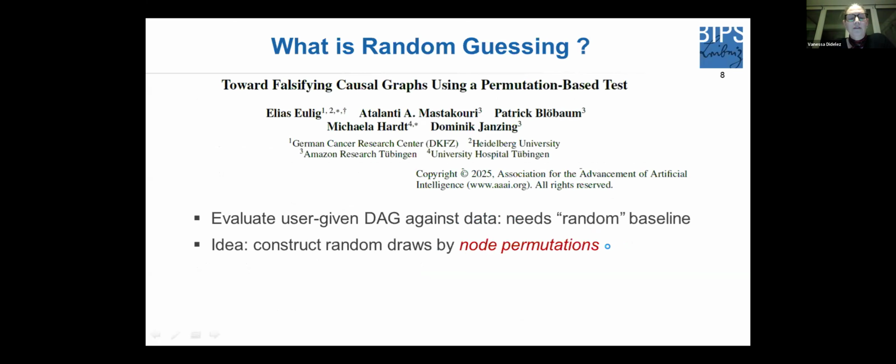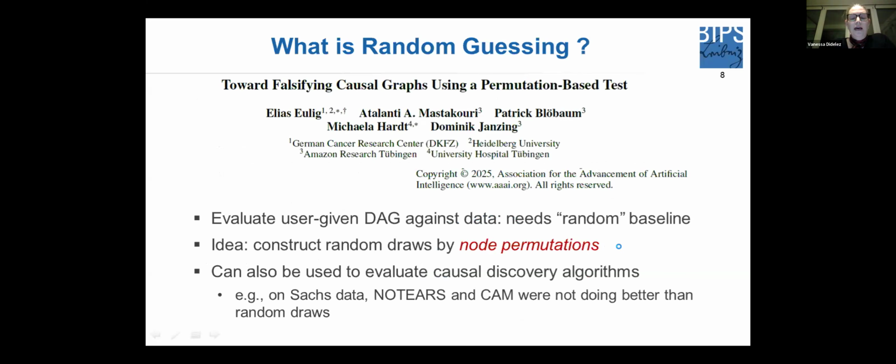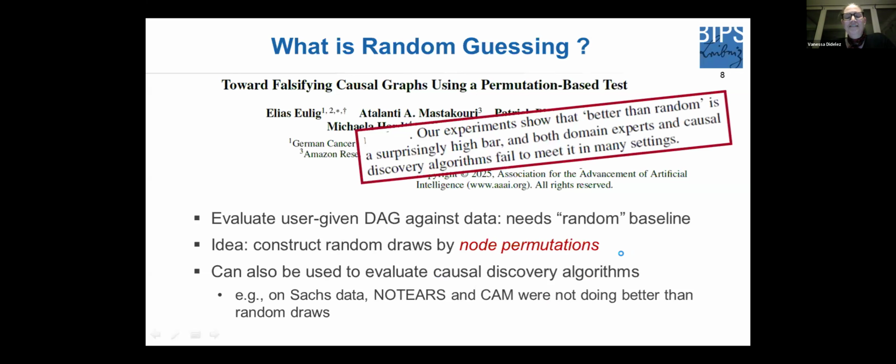It's not really the same sort of question as Anna's, but they also show that they can use this to evaluate some causal discovery algorithms. And like Anne, they looked at the Sachs data and the NOTEARS algorithm and came to not very favorable conclusions. They say, our experiments show that better than random is a surprisingly high bar, and both domain experts and causal discovery algorithms fail to meet it in many settings.